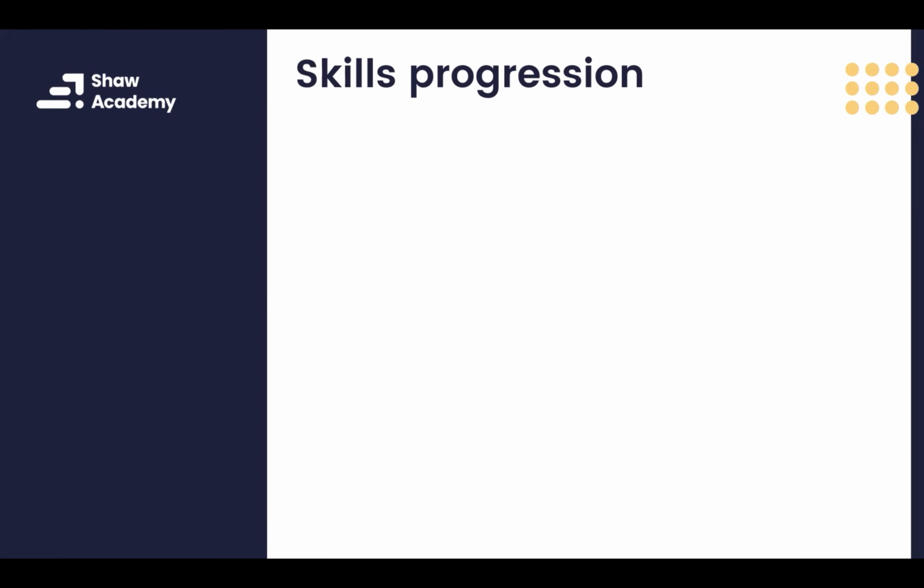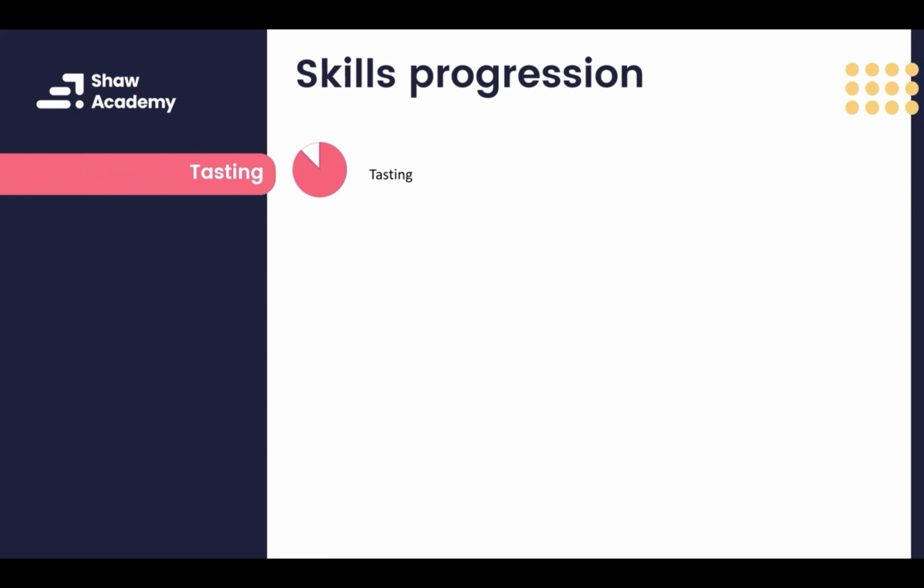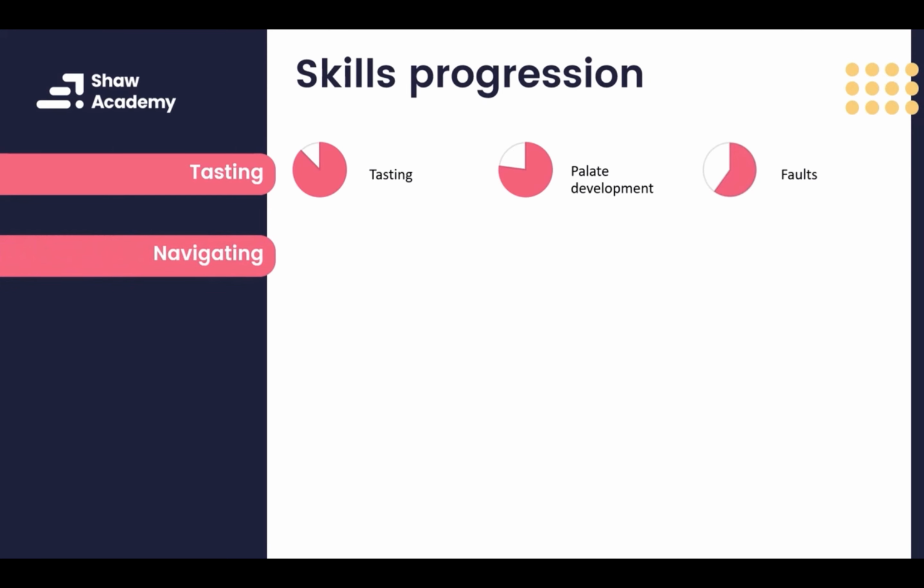Let's take a look at the 5 main skills that you are developing in this course. Firstly, tasting, including wine tasting, palate development, and identification and evaluation of wine faults. Next, we are learning to navigate the wine bottle, careers and terminology in the wine industry, as well as the elements of wine service.